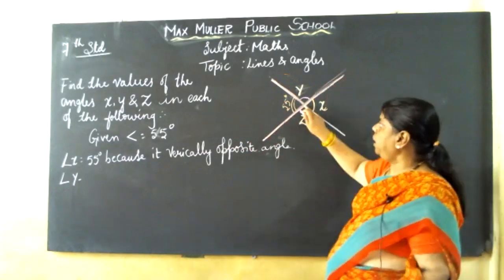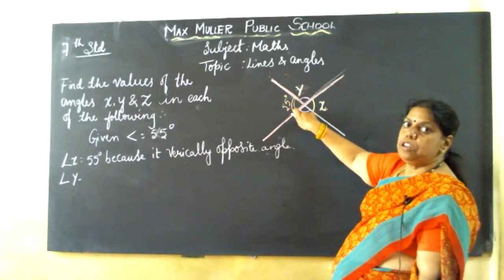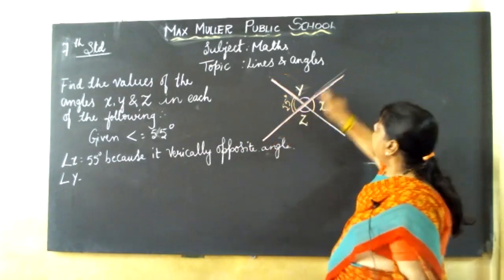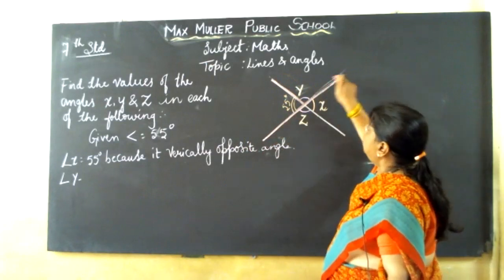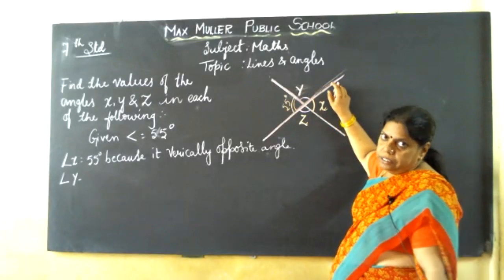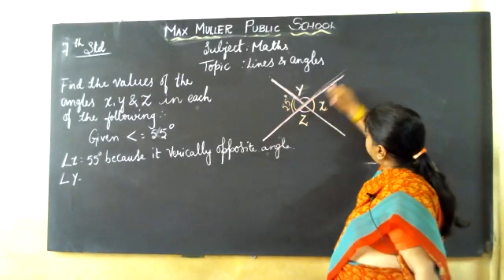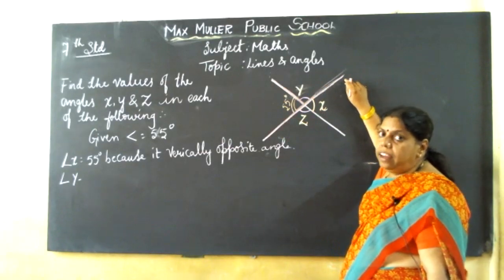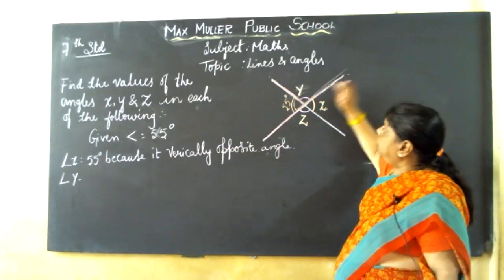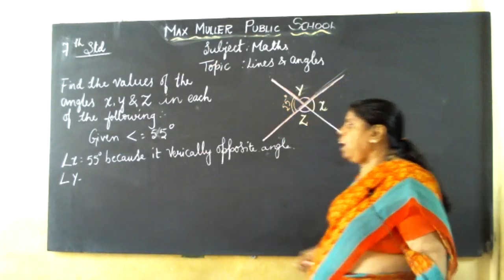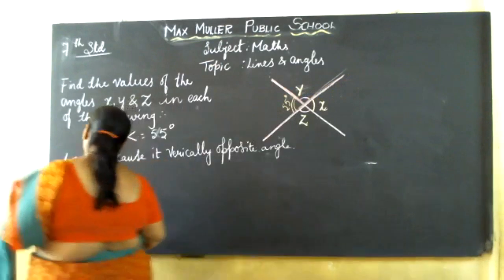So in 180 degree 55 you have to subtract. Understanding? It is a linear pair, so it is equal to straight angle. This angle is a straight angle. So it is 180 degree. In 180 degree, the one angle is 55 degree. We have to find out the another angle.